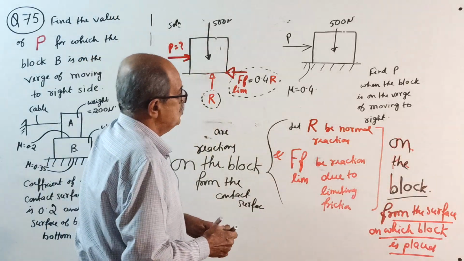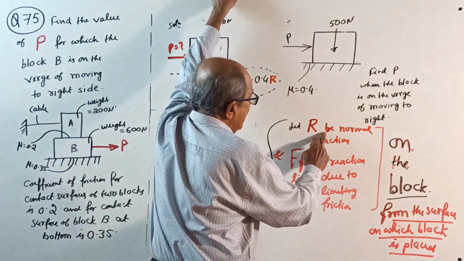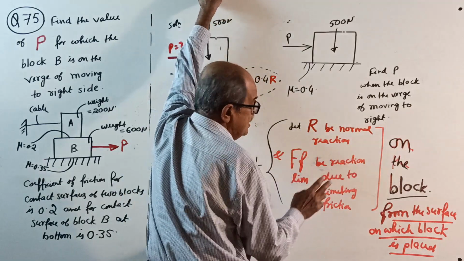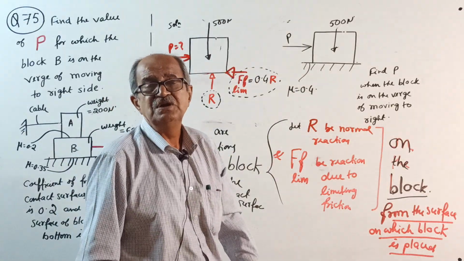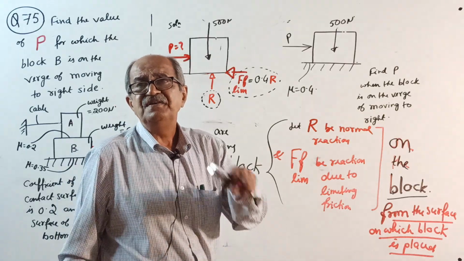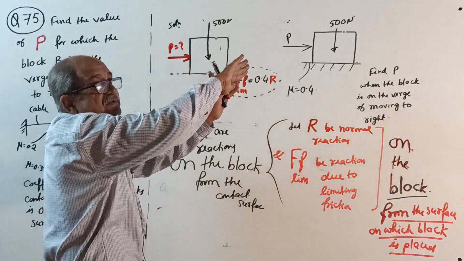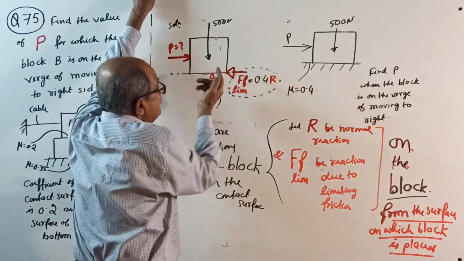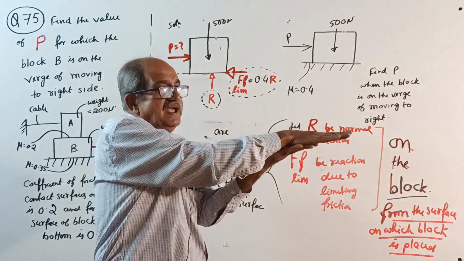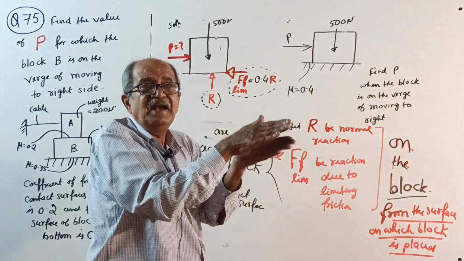Now see, I wrote here, let R be normal reaction and FF limit be reaction due to limiting frictional force. Remember, even if you write limiting frictional force, it is a reaction. Why? When the block moves to the right side, to balance it, the friction comes from the surface in this direction, acting on the block.